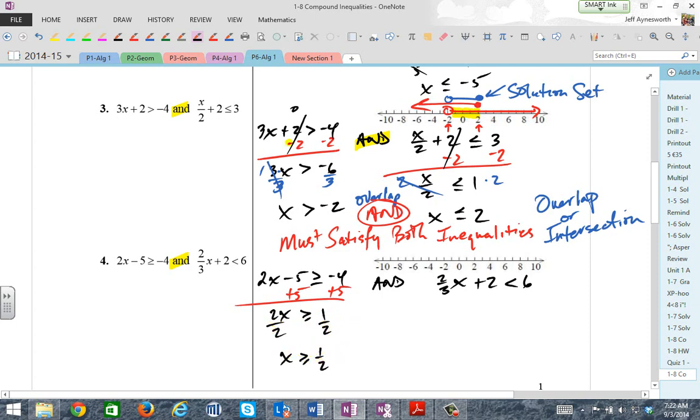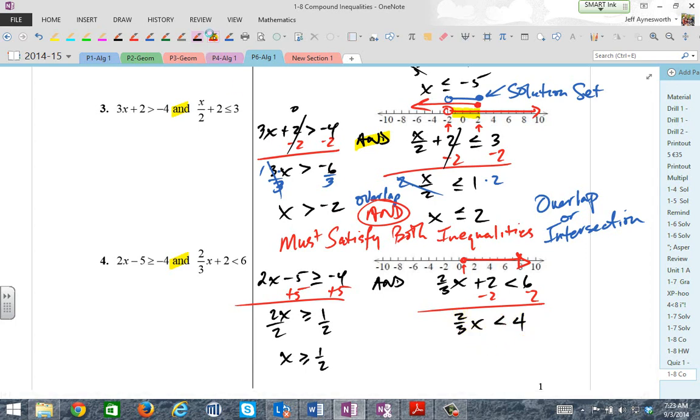Now that's closed at 1/2, which is halfway between 0 and 1, right here, and to the right. Now the other one, we've got to subtract 2, and you've got 2/3 x less than 4. On this one, I would definitely multiply by the reciprocal, like we handled it in the past.